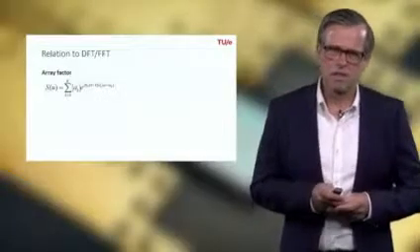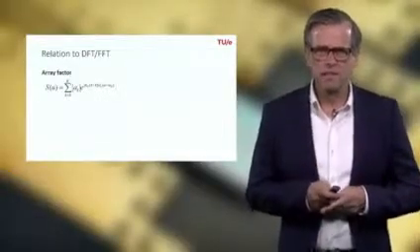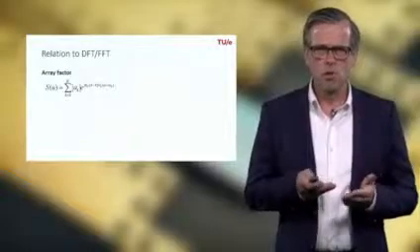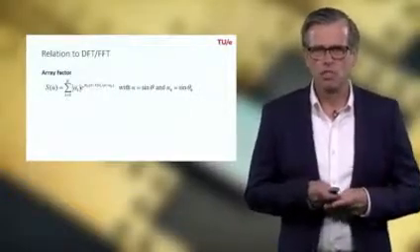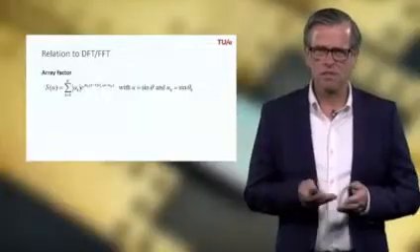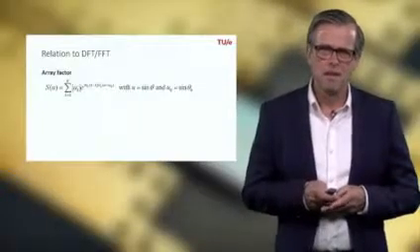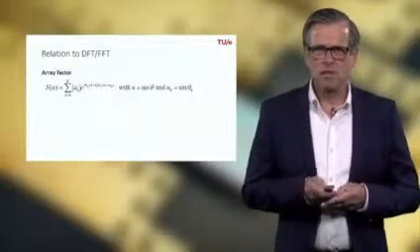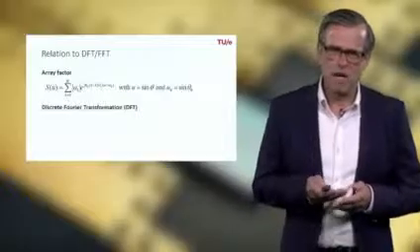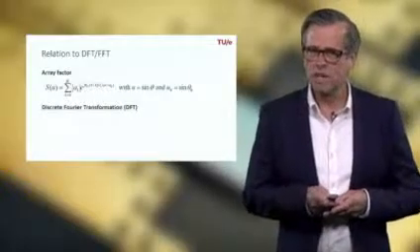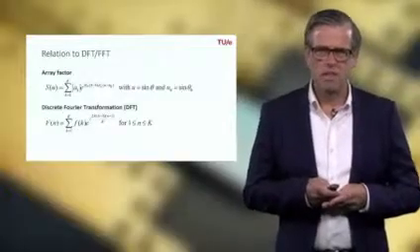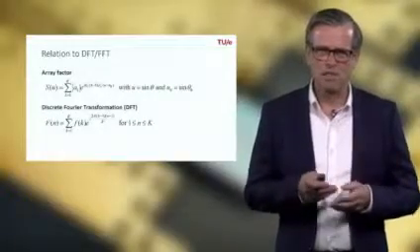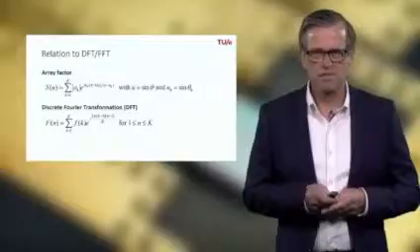Now, the array factor we already derived, and if we introduce the coordinate u, where u is equal to sine theta, and u naught, which indicates the scan angle, is sine theta naught, we see something very interesting. If we write down the equation for a discrete Fourier transformation, which is shown here, you see already the similarity between both summations.